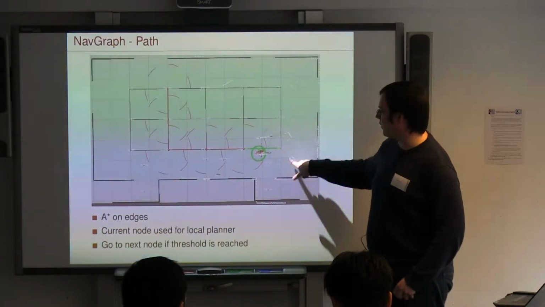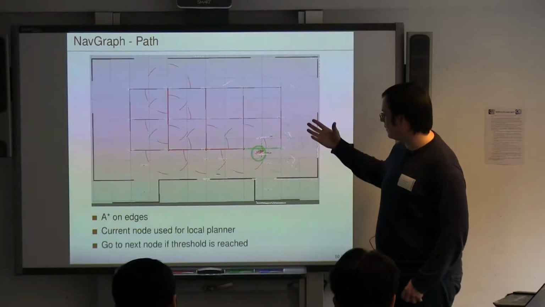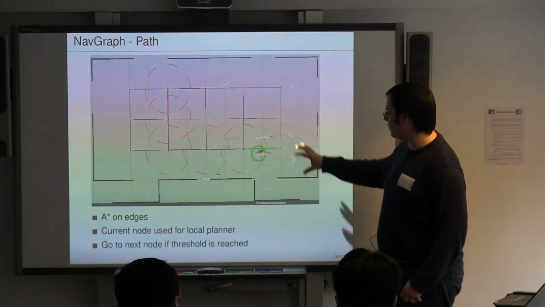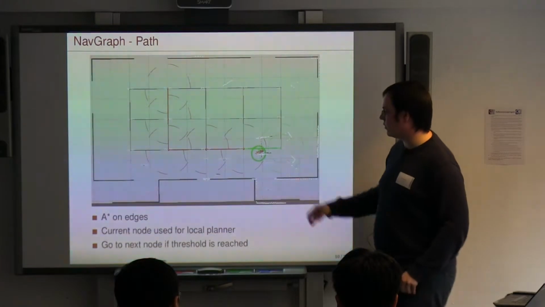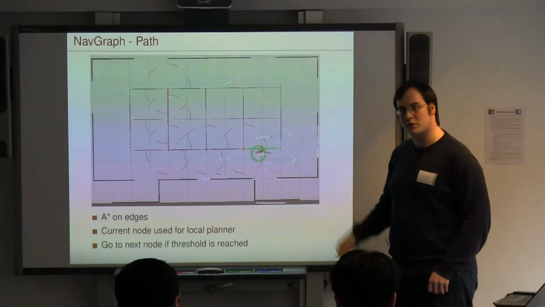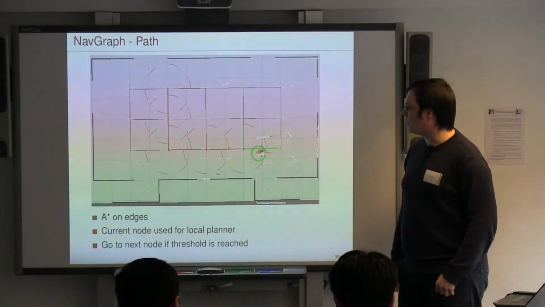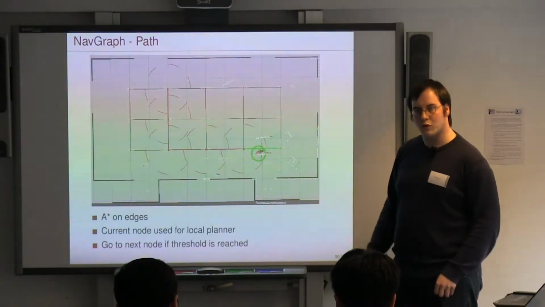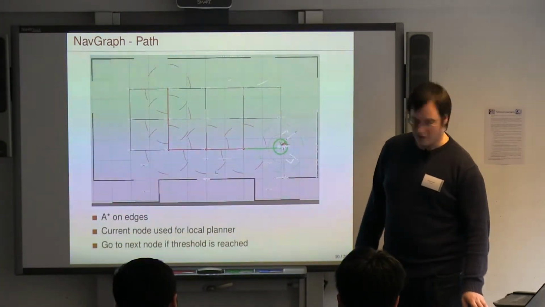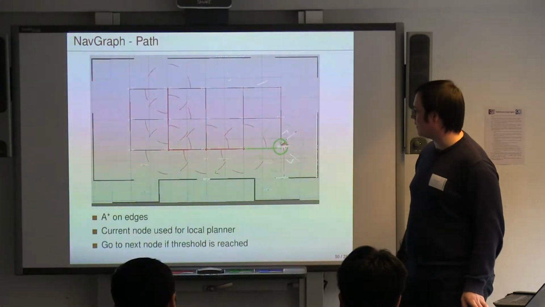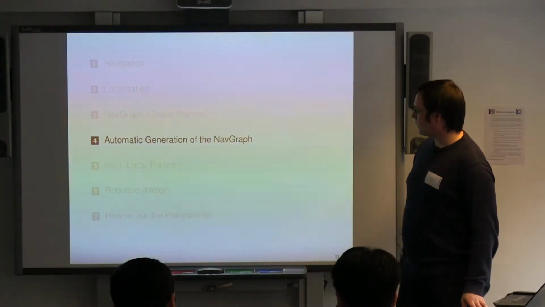And here you see a way smaller threshold for its target. That's because the last node, the target threshold, is typically smaller than the threshold on the nodes that are in between the paths. So and then here it reaches the target.